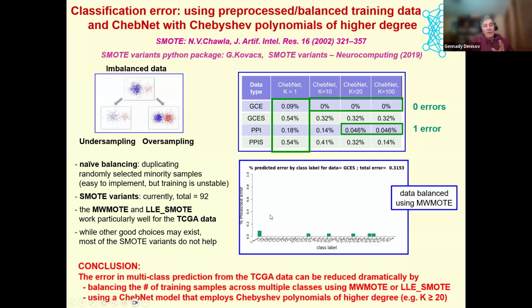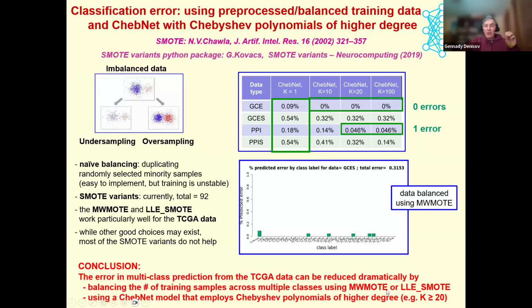And the conclusion from this slide is that the error in multi-class prediction from the TCGA data can be reduced dramatically, first by balancing the number of training samples across multiple classes.